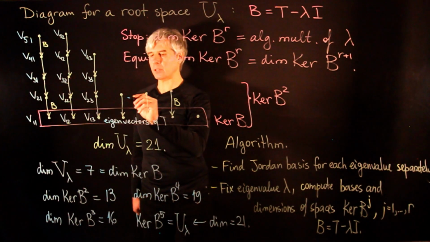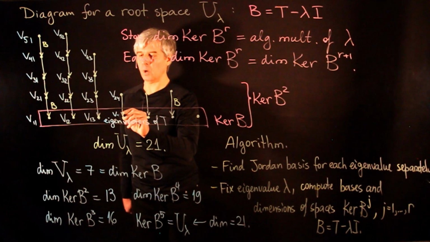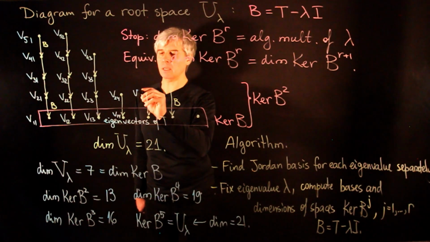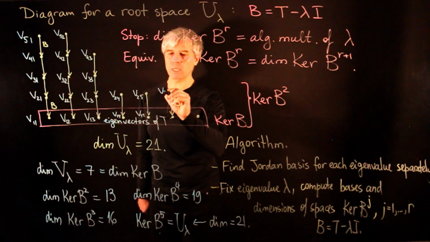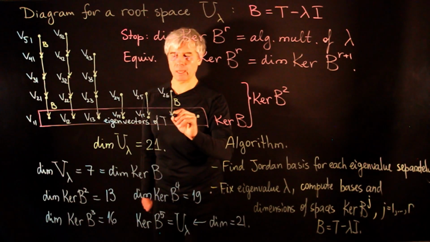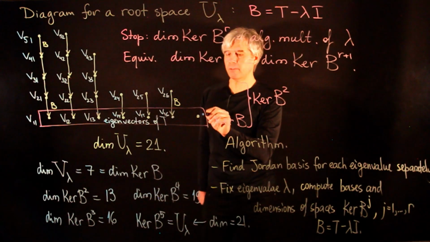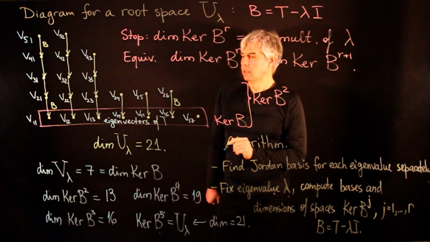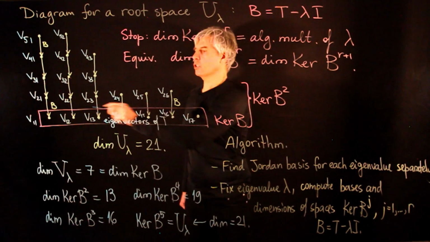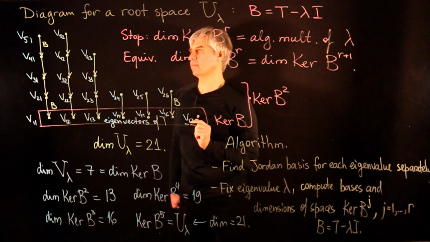Then we have vectors v24 and v14, then v25 and v15, v26 and v16. And finally, this eigenvector will be v17. These will be the notations for the basis vectors in these 7 strands.